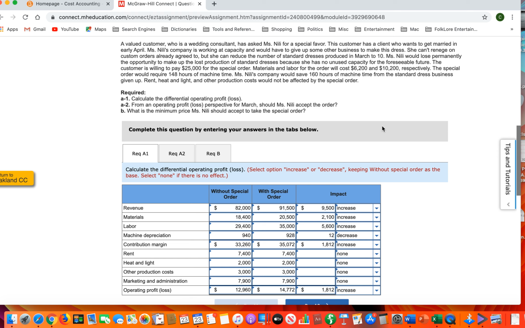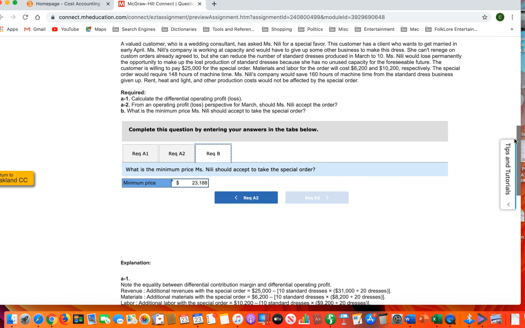Well, let's take the 25,000 minus what she gave up. 25,000 minus 6640, and that would be, oh, the difference, 1812. 25,000 minus the 1812 would be the 23,188.